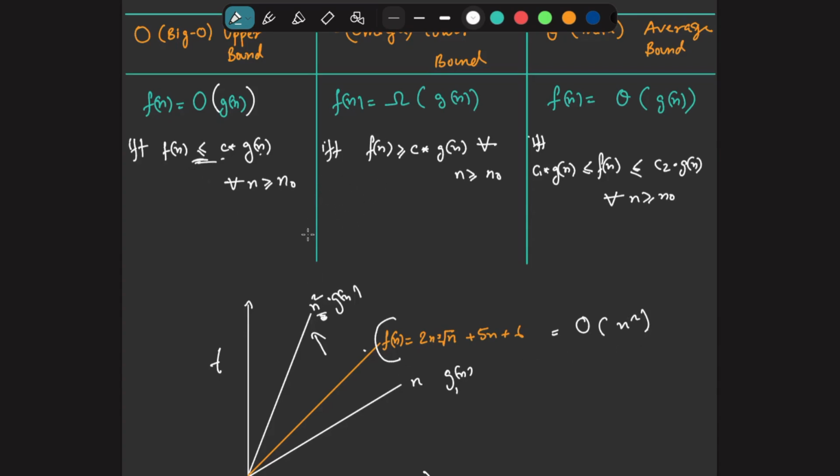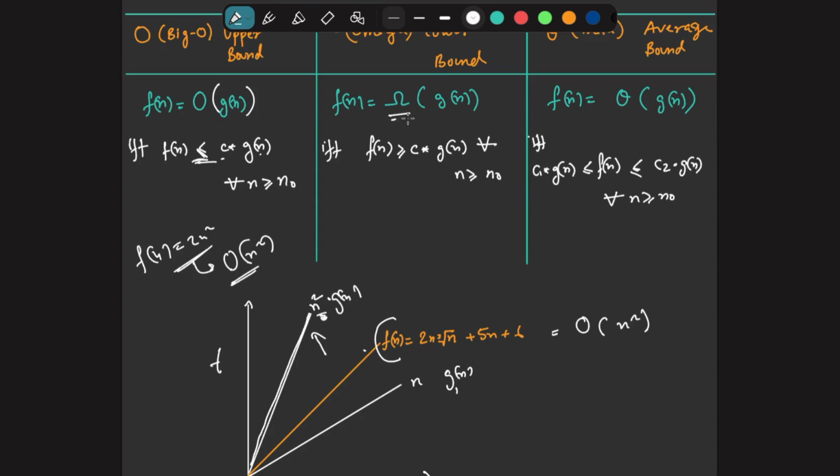And even if it's equal, like even if we have a function f of n equal to 2n square, the graph will be this only, and it will be of order n square. We can still write big O because it is also valid for equals.